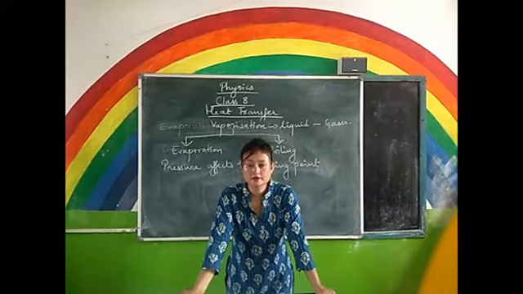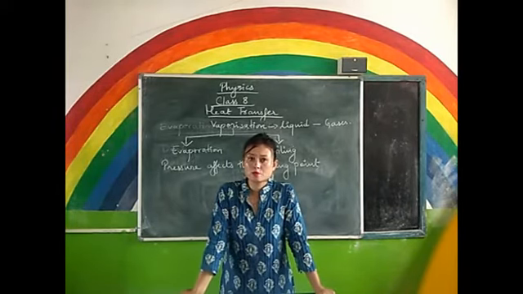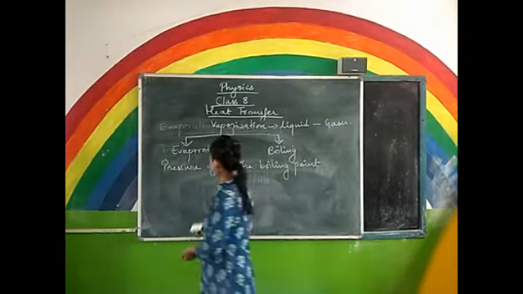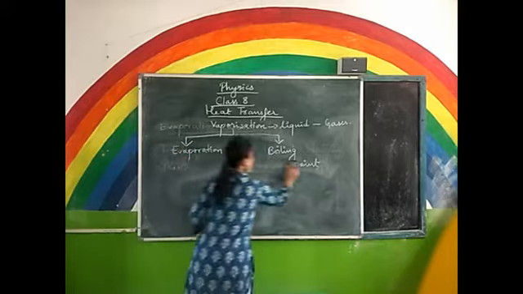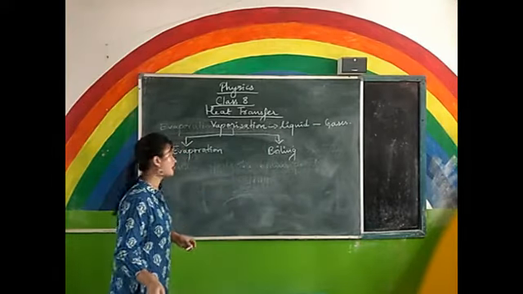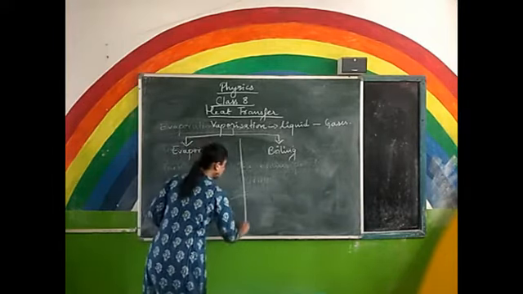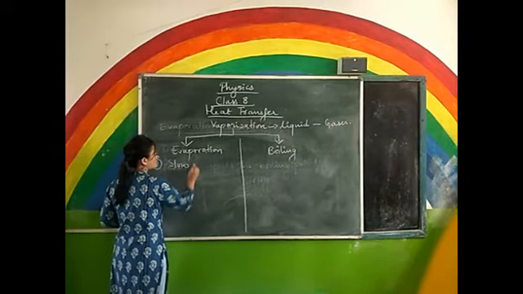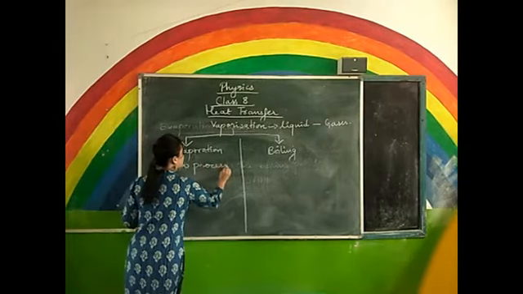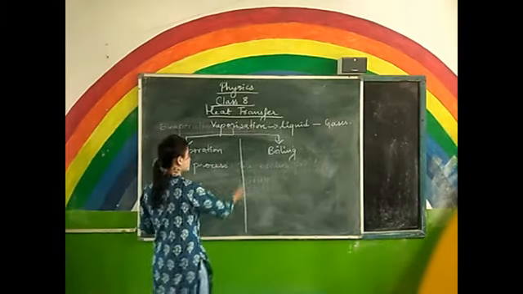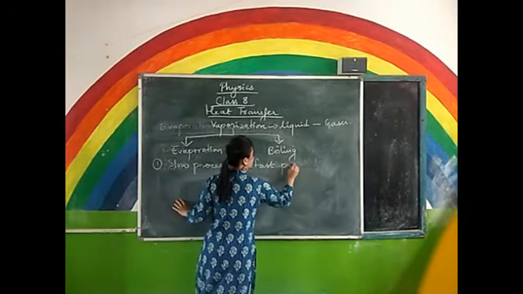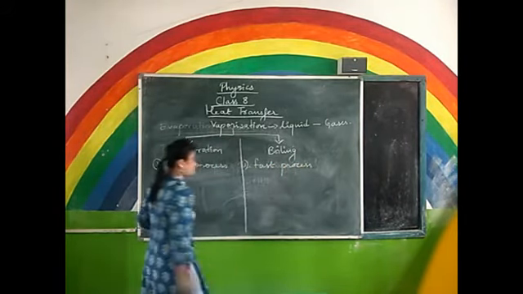We've discussed the differences between evaporation and boiling in the last class. Anyways, let's quickly revise the differences between evaporation and boiling. Number one, evaporation is a slow process, whereas boiling is a fast process.